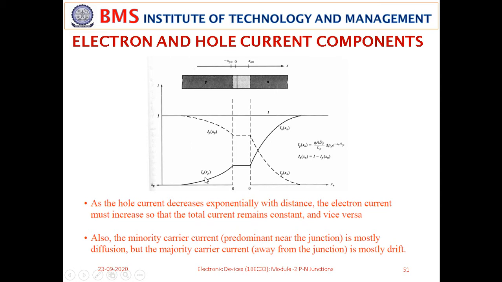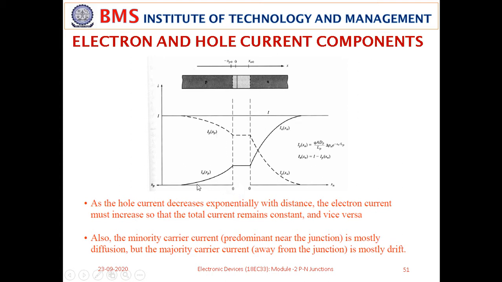And look at the current here. You are observing various notations like Ip of xp, In of xp on the p side. From here onwards this completely represents the p side, and this region represents the n-type semiconductor. On the p side there are two current components, Ip of xp and In of xp. Ip is the hole current as a function of distance xp, which starts from the edge of the depletion region.